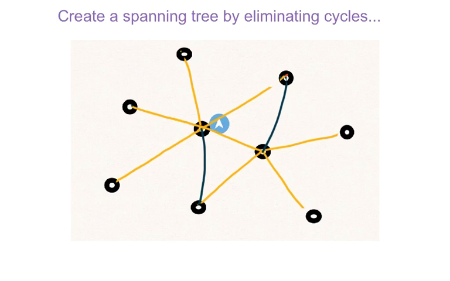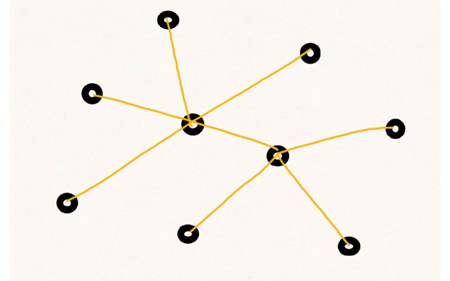But if we take a look, this cycle still exists, that triangle, and this cycle still exists, this triangle. So here, if we eliminate that line and that line, there are no more cycles that exist, no more little loops in the graph. And here's your final answer.